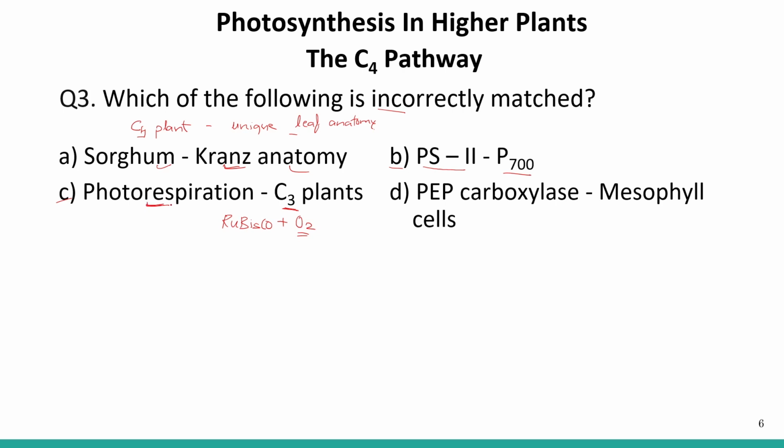Then we see the photorespiratory pathway, and this happens in the C3 plants. Whereas C4 plants have reduced photorespiration, or you can say they avoid photorespiration.